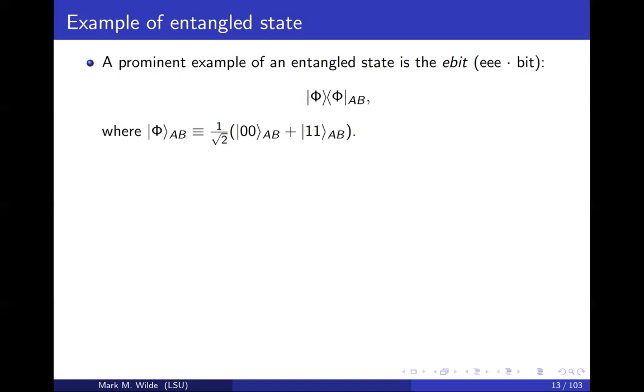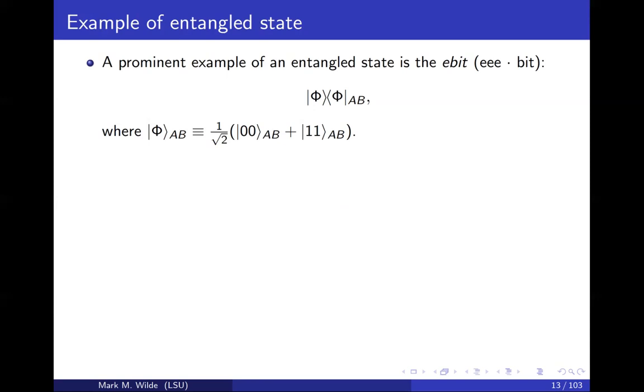And what is the state? It is a uniform superposition of two possibilities: 0 for Alice and 0 for Bob, or 1 for Alice and 1 for Bob. This perfect entangled state is useful for teleportation, for superdense coding, and for making a secret key.